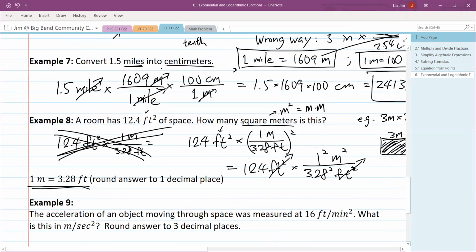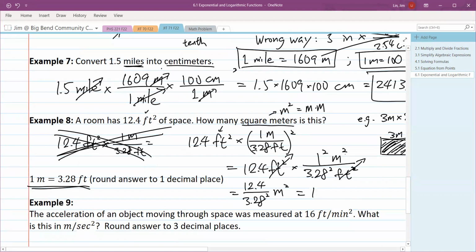All right, so we have numerator 1 to the 2, which is essentially 1. So when we combine two fractions for calculation, then that'll be 12.4 over 3.28 squared with the unit meter squared. All right, then plug things into the calculator, then you will get 1.15, which is not the format we want because we need to round the answer to 1 decimal place.